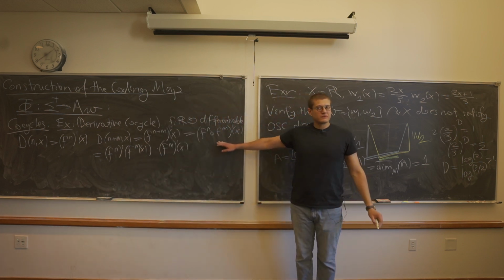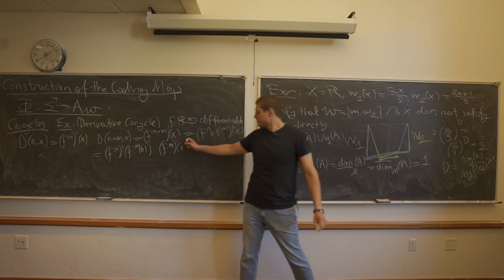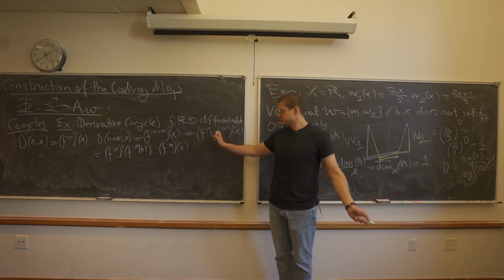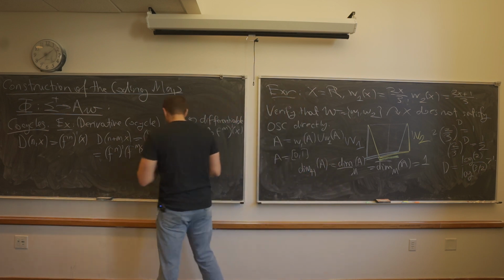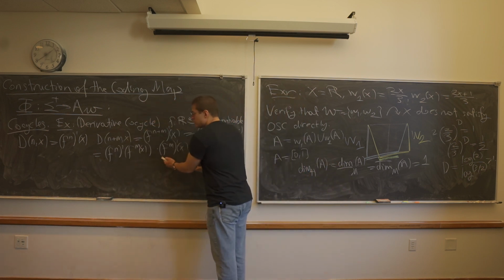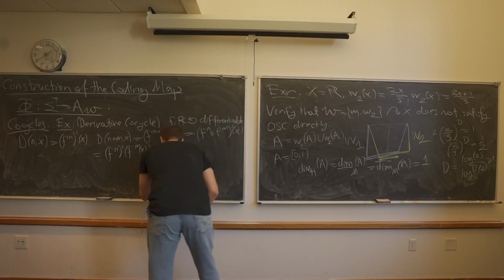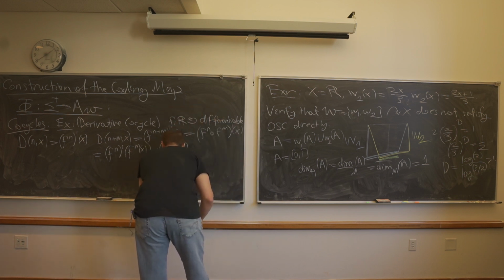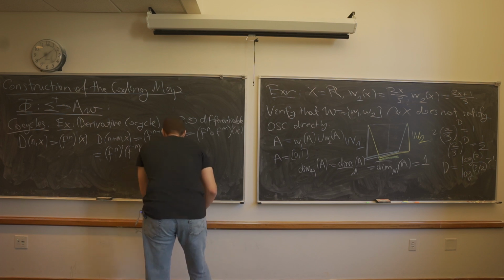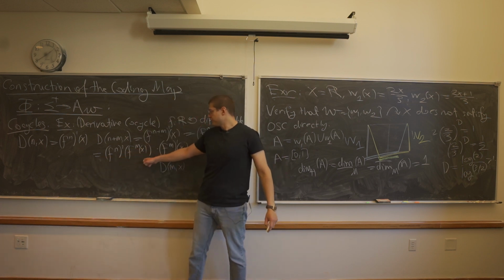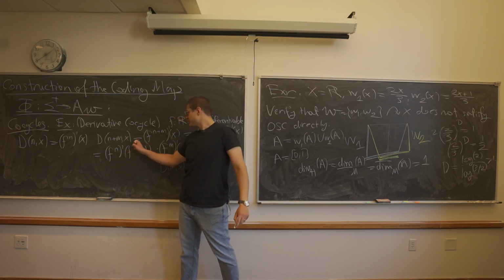Any questions about this? This is nothing sophisticated, single variable calculus. Maybe it is not familiar to you to differentiate something like this, but I'm just using the chain rule. So this is d of m comma x. On the other hand, this is d of n comma f to the m of x.